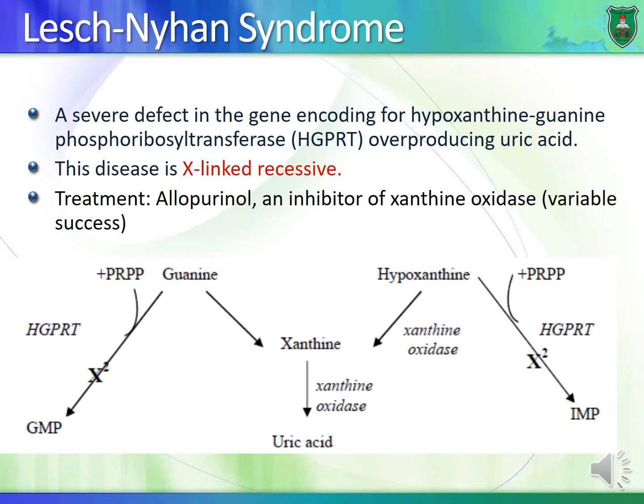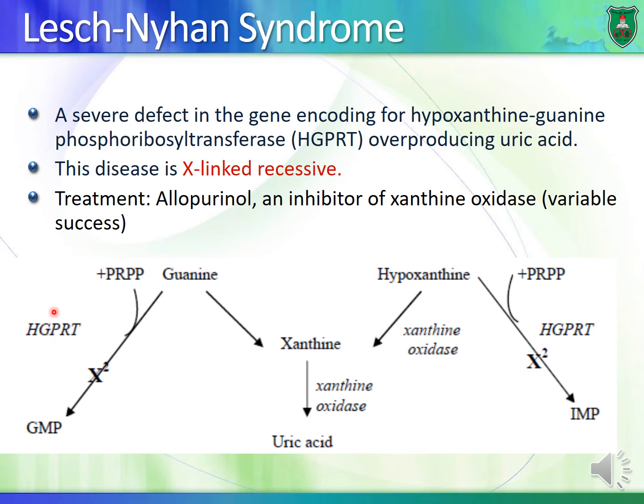The Lesch-Nyhan Syndrome is related to defective enzyme hypoxanthine guanine phosphoribosyl transferase. Now, this enzyme is responsible for the conversion of hypoxanthine into inosine monophosphate and guanine into guanosine monophosphate.